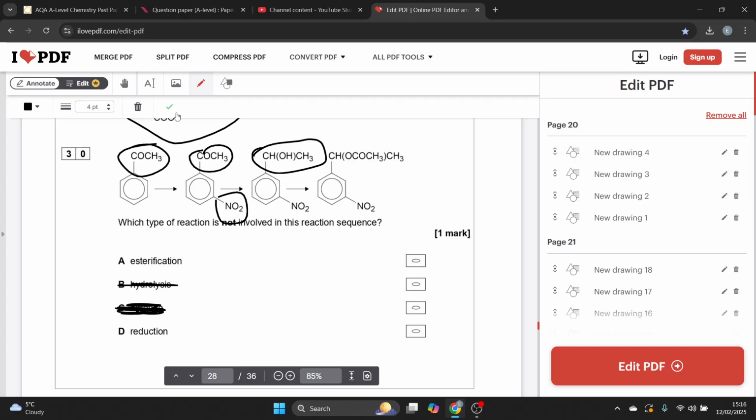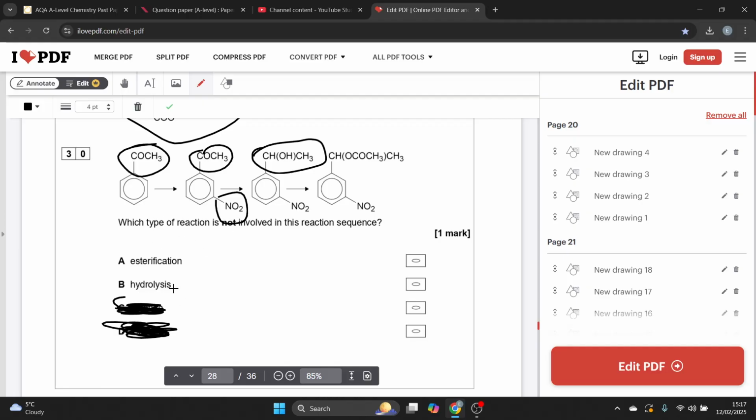No, that's not hydrolysis. So definitely not C. D, reduction. Definitely not that. So I'm left with esterification and hydrolysis. Well, esterification was heating a carboxylic acid with an alcohol. Let me just double check this, but I'm pretty sure it's heating a carboxylic acid with alcohol to form ester plus water. So carboxylic acid plus alcohol, ester plus water.